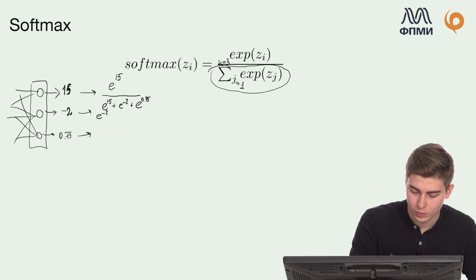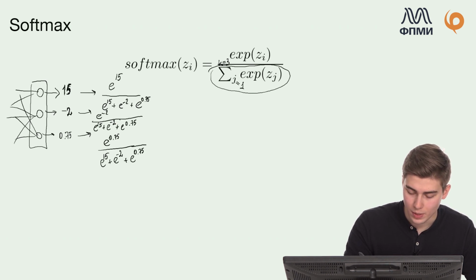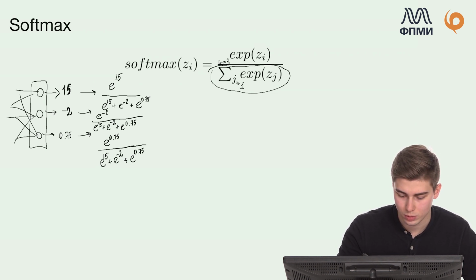For each score we can write according to the expression of Softmax function. So you can easily see that it makes our scores non-negative, and that now their sum would be equal to 1, because the denominator is still the same and the numerator would be just like the denominator, and it will be 1 divided by 1.